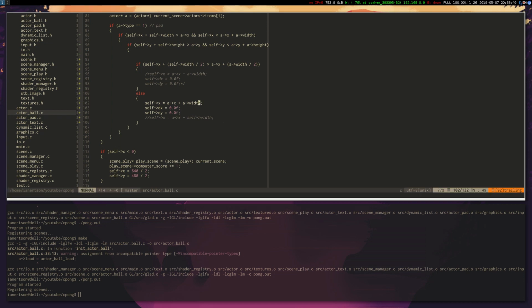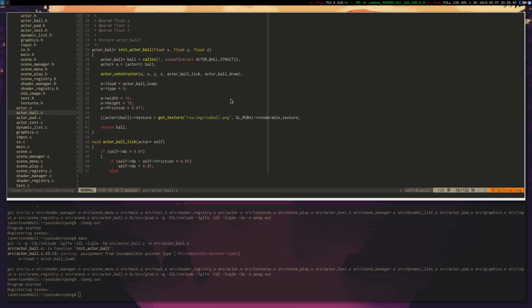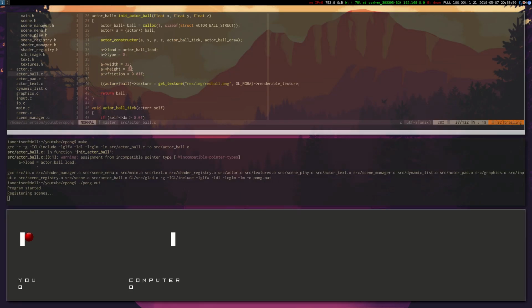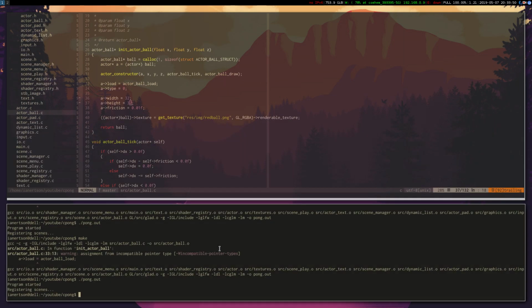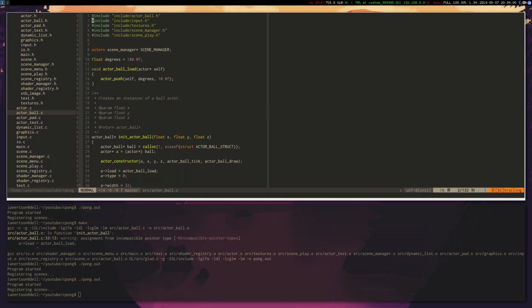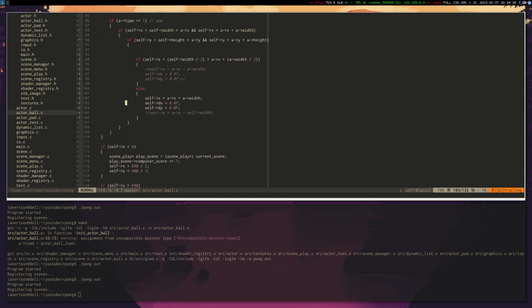What if our ball was bigger? What if our ball was 32 by 32? Then the logic is still correct. Even if we go that way.